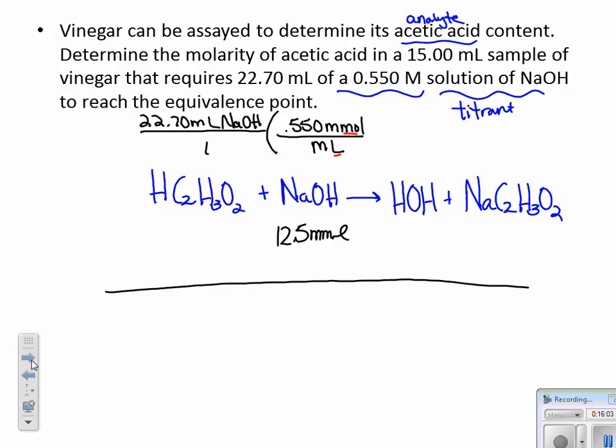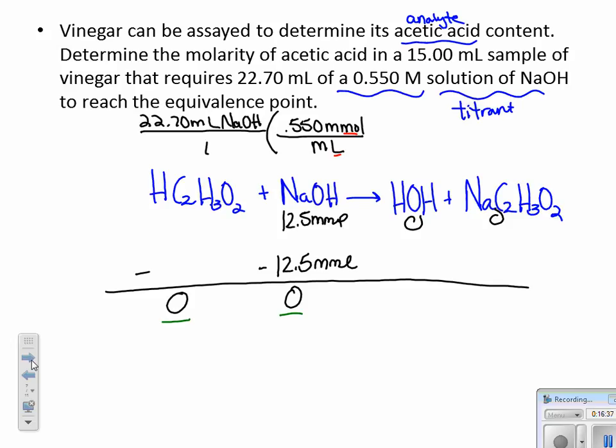And that's really how much of the sodium hydroxide actually reacted. So that's kind of after reaction. Maybe we should fix that. So these start at 0. 12.5 millimoles were used. It goes down by 12.5 millimoles, which means the acetic acid goes to 0 as well.